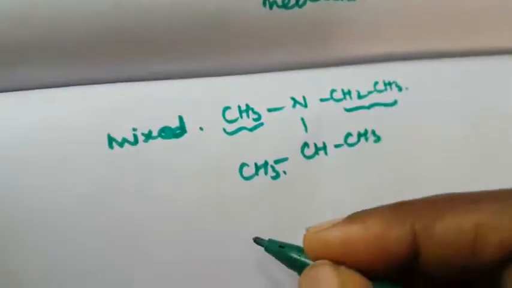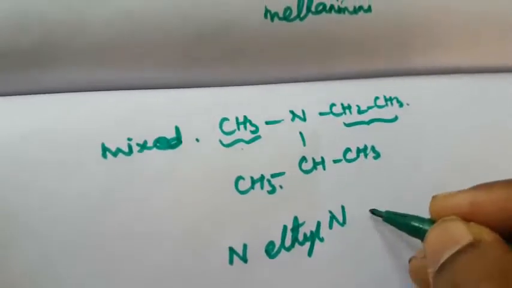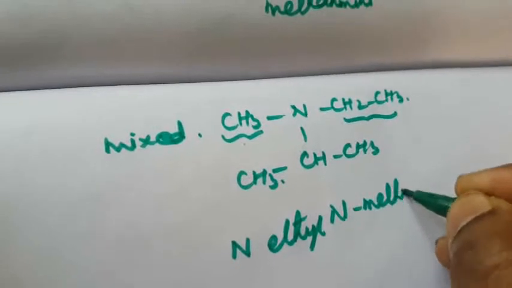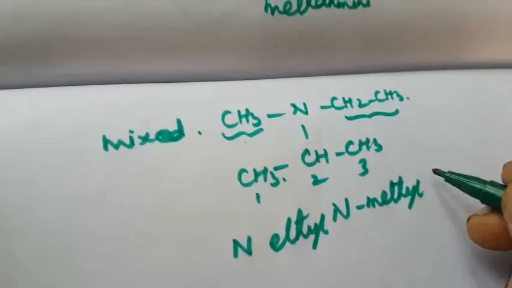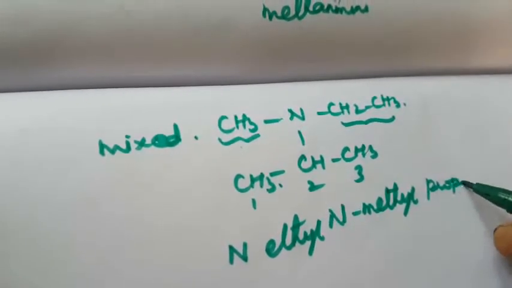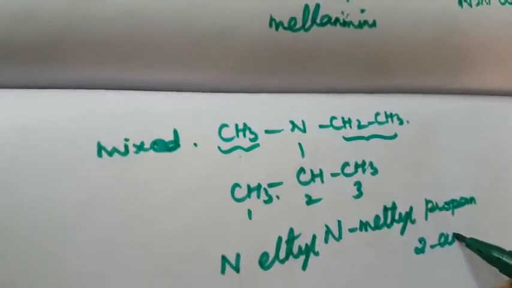So here ethyl, okay, this is methyl. N-ethyl, then N-methyl, then again propane 2-amine. This is 1, 2, 3. Propane 2-amine. This is the IUPAC name of this compound.